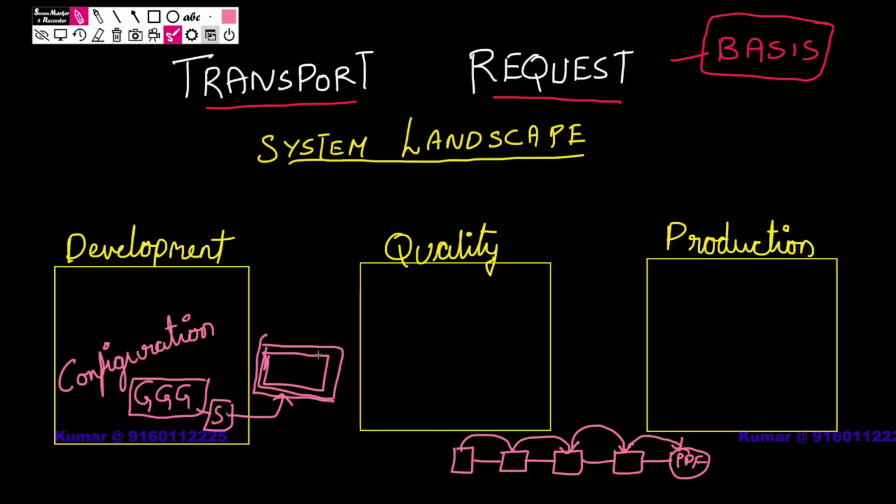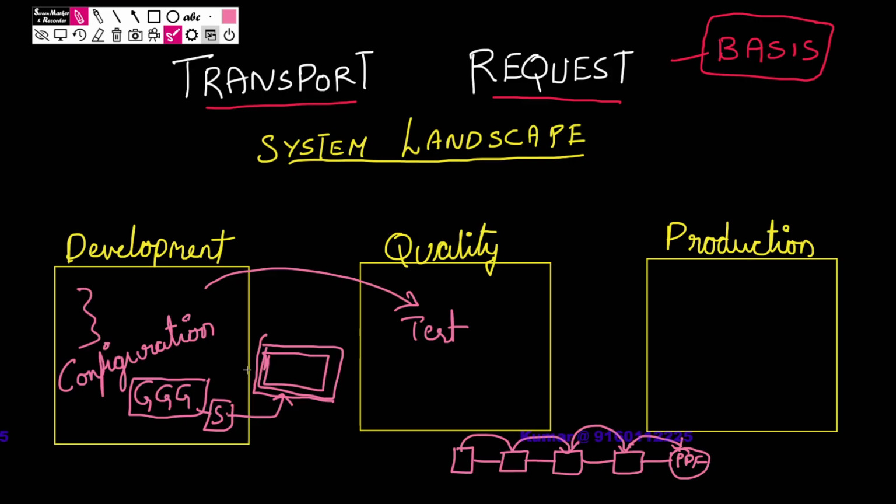But in SAP, the configurations are saved in one transport request number. And that transport request number is used to transport the configurations from the development server to the quality server. For example, we have done all the configurations. Okay, we need to test those configurations. Where can we test? We can test those configurations only in the quality server.